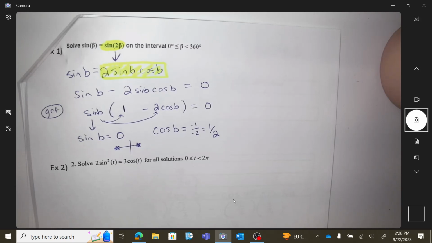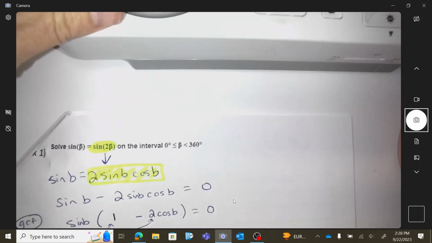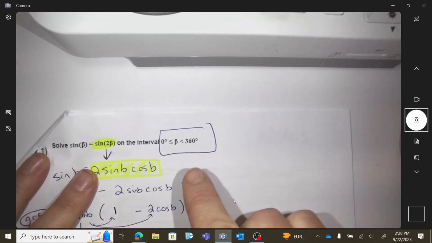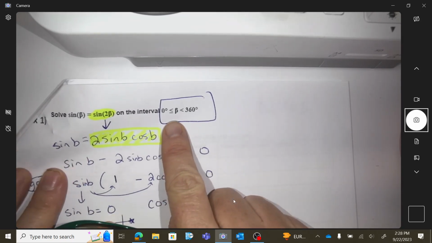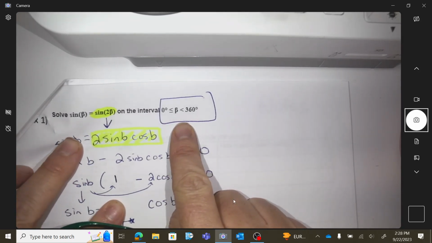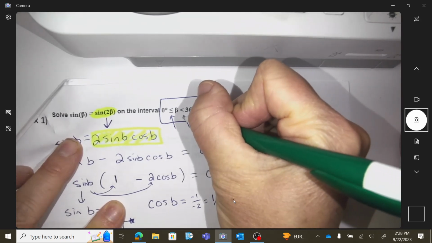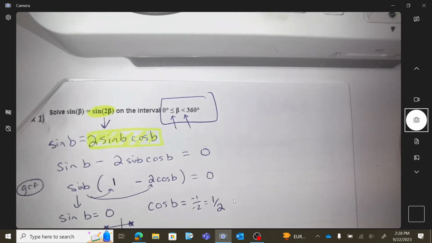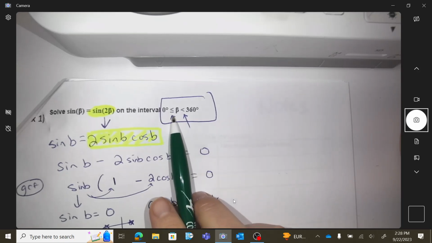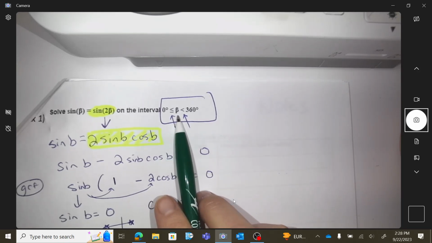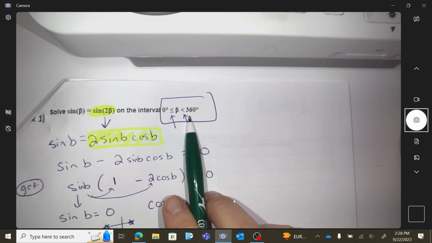Let's check out our question here. What does this tell me about my answer? It's in degrees. This is really weird. This symbol versus this symbol, what is going on? This says you could be equal to it, right? What about 360? Can we have 360 as an answer?